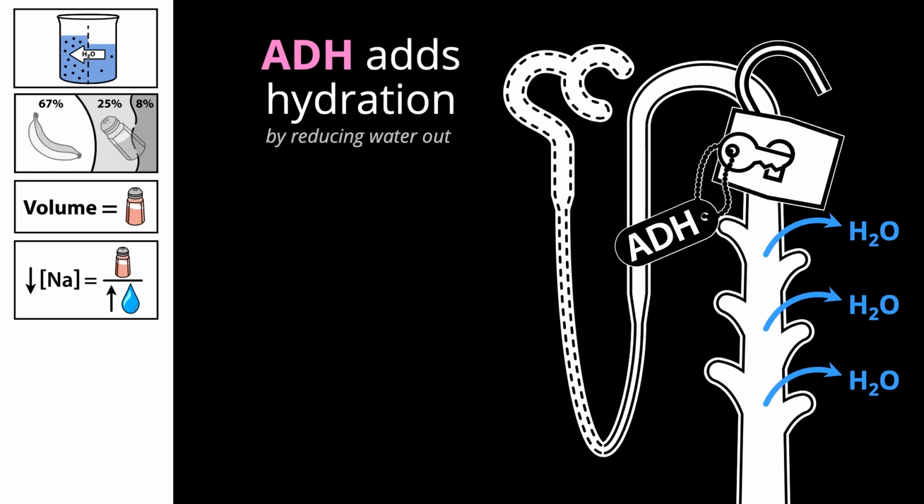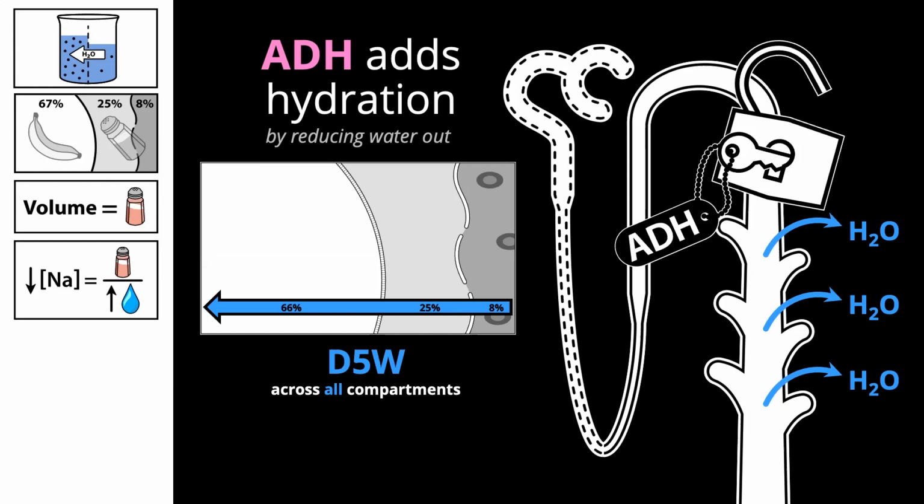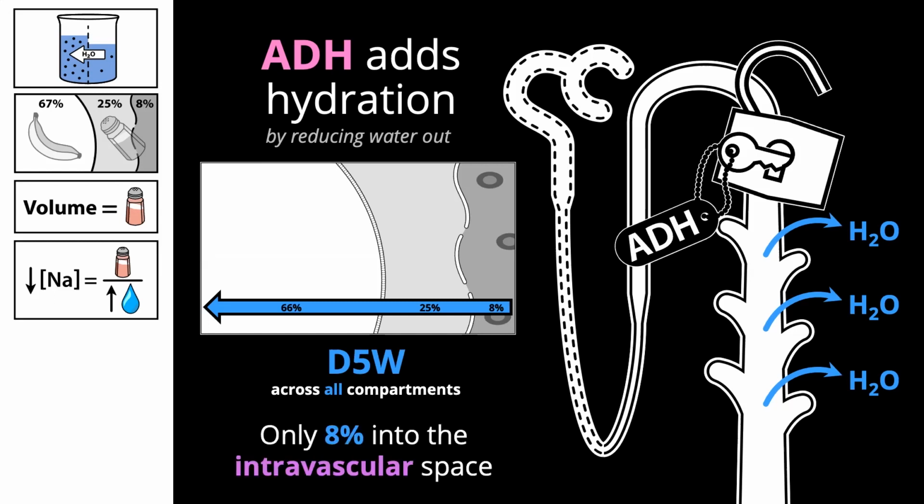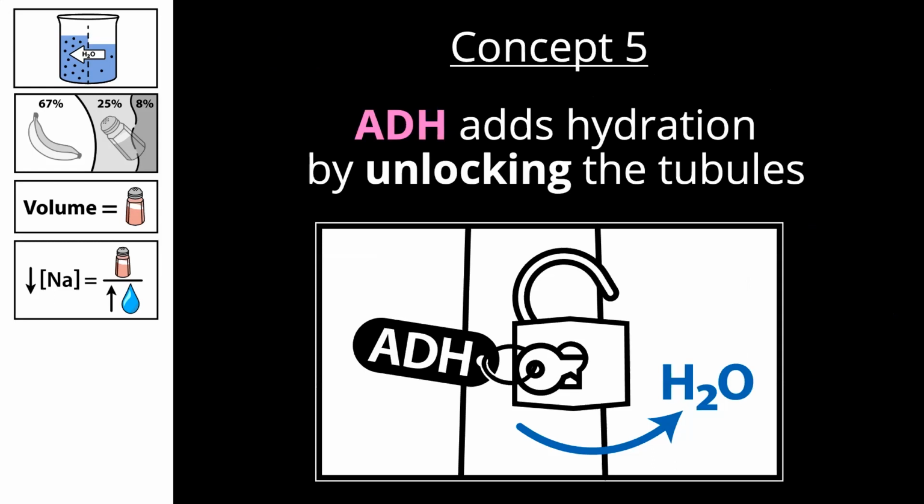But here's the thing: what we're reabsorbing is water, okay? D5W, free water. And that's going to distribute across all compartments. So we're only going to get 8% into the intravascular space, right? ADH adds hydration to the body by unlocking the tubules and allowing absorption of free water. Concept 5.